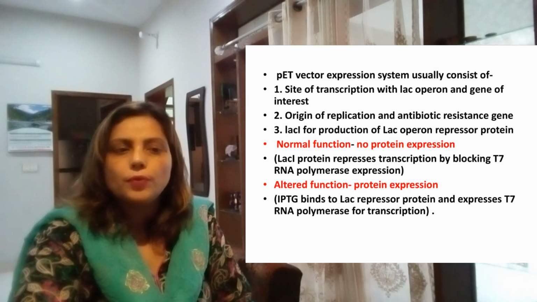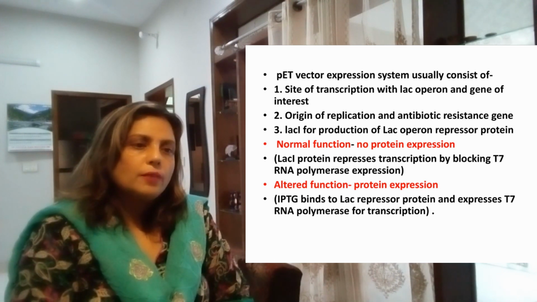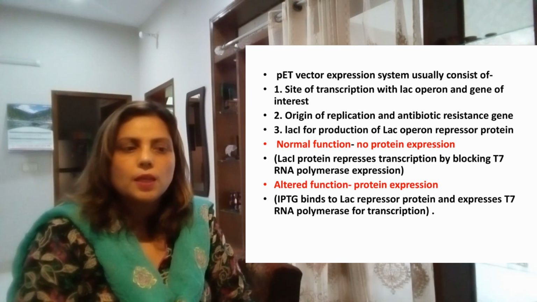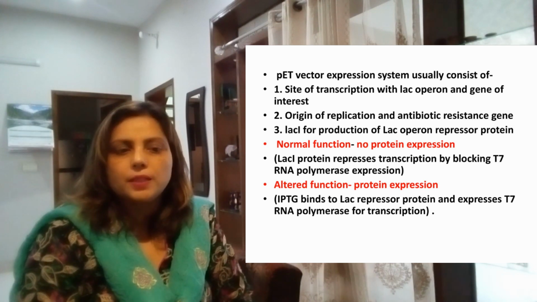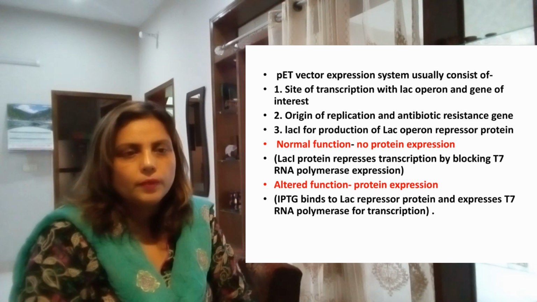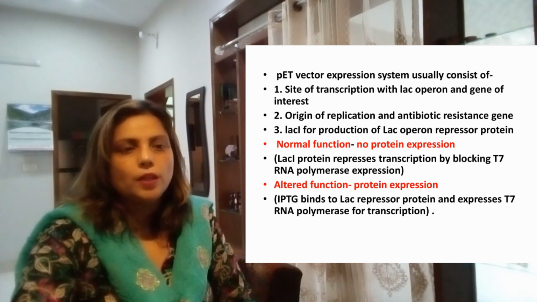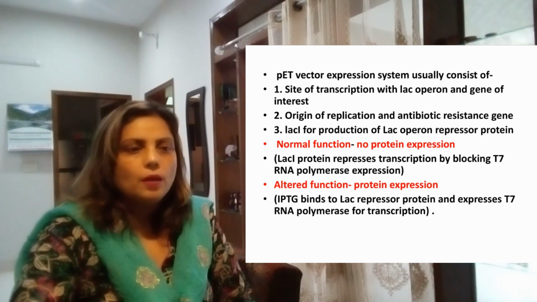It has the region of replication and an antibiotic resistance gene. The lacI gene produces the lac operon repressor protein, and IPTG binds to the lac repressor protein. If we have this pET vector, then we can regulate the gene cloning and expression of the gene.